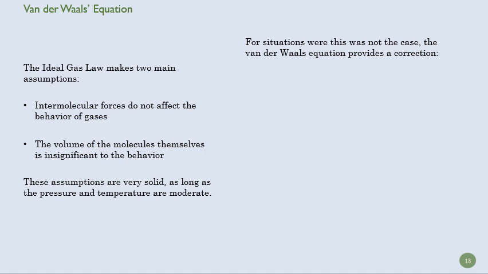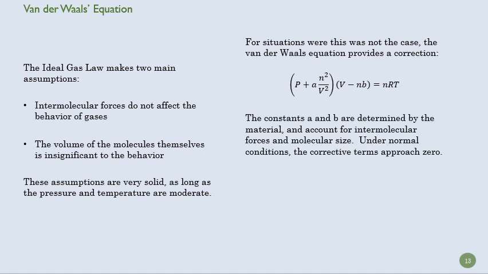If our pressure goes way up, right, or our temperature goes way up, then we might have to start thinking about those assumptions. And we can make some adjustments to the ideal gas law. And you can see that this is just the ideal gas law. It's P plus something times V minus something equals nRT. And these have to do with if n gets really big, that is the number of molecules in a particular volume, okay, gets really big, then these numbers start to matter.